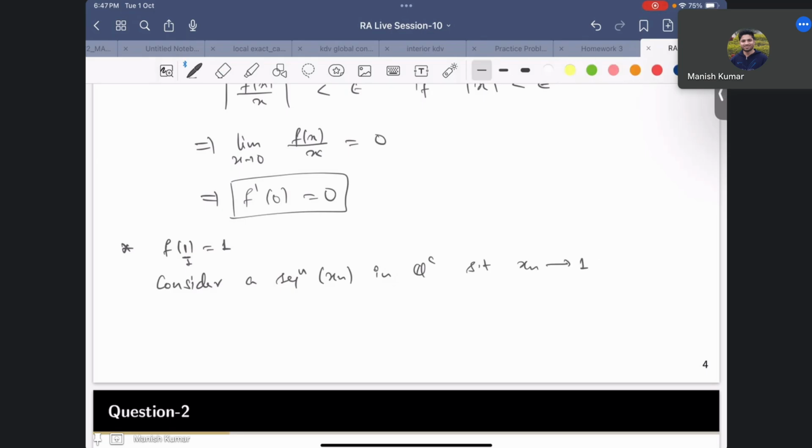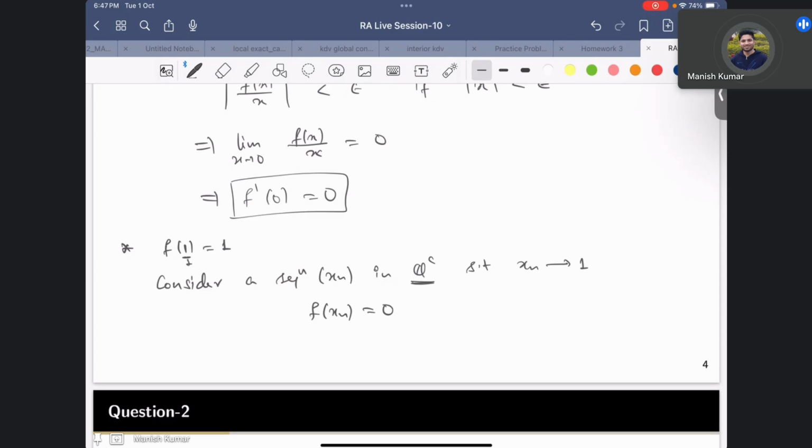There is a reason why I am choosing Q complement, you will get to see. So if I consider this, then f of xn is always going to be 0 because it's in the Q complement, correct? And such a sequence's existence is guaranteed by the density. So we can consider such a sequence, and we know that f of xn is 0.